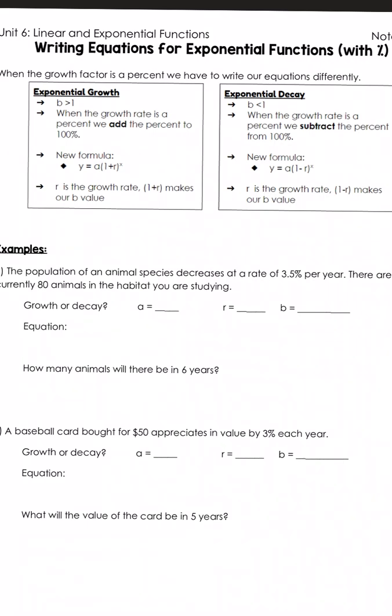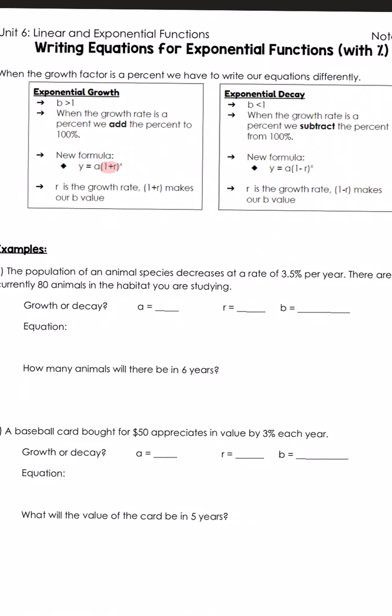To find that b value, we take whatever that growth rate is and we add it to 100%. So now when I'm writing my equation, instead of a times b to the x, I have to do some work to find out what b is. To find b, I do 1, which is our 100%, plus whatever the growth rate is.